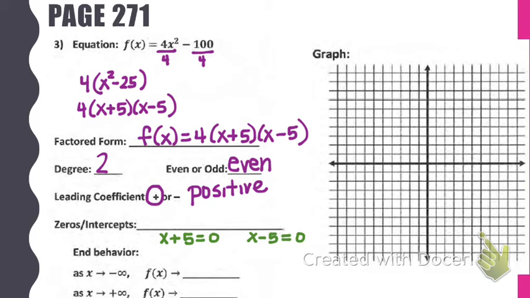When you solve it, you should get x equals -5 and x equals +5. So I have two x-intercepts. Let's go ahead and put those 2 points on the graph. Put a point at -5 and +5.